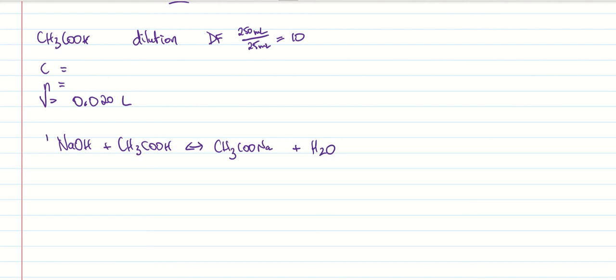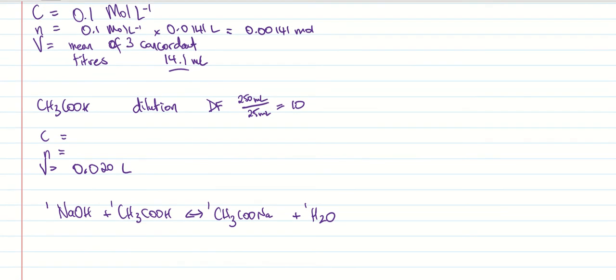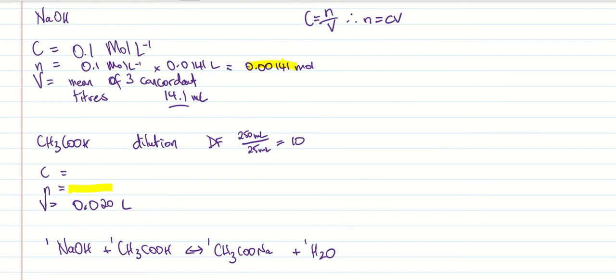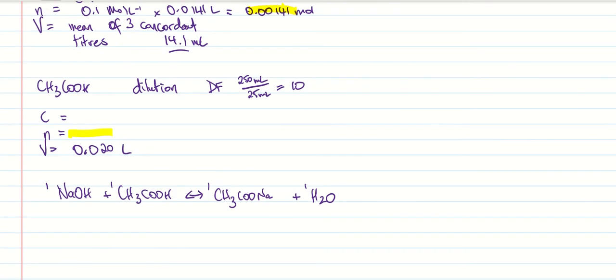So one of these reacts with one of these to produce one of these and one of these. So the logic follows, if we have that many moles of sodium hydroxide, we're going to get the same amount of moles for ethanoic acid. So let's put that in. So that's 0.00141 moles.